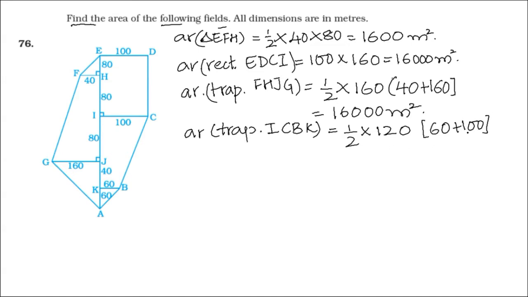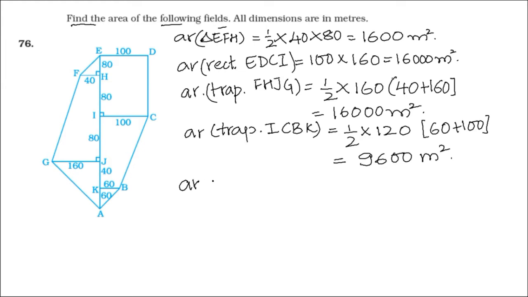So this will be 160 into 120 divided by 2. We get it as 9,600 meter square.